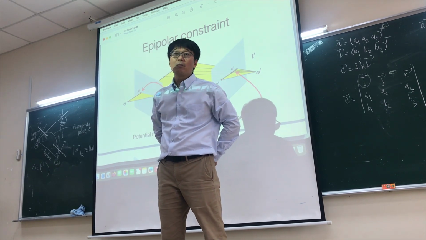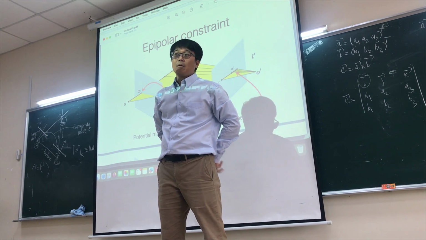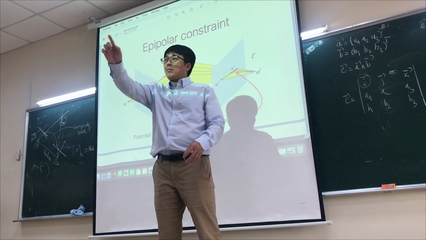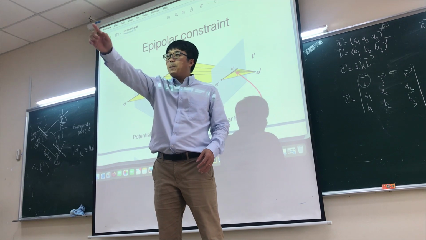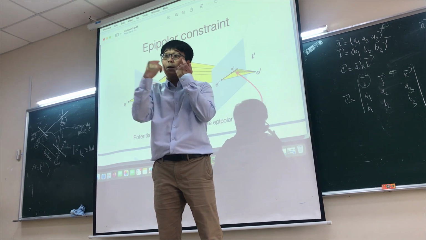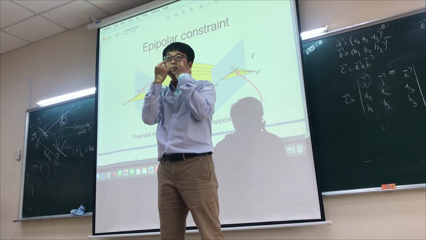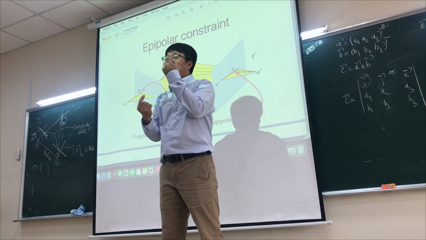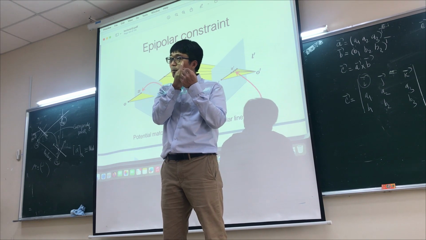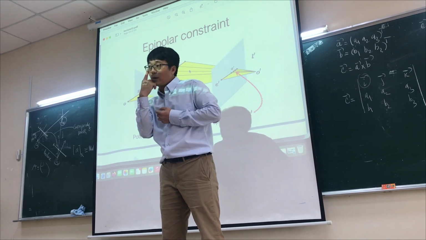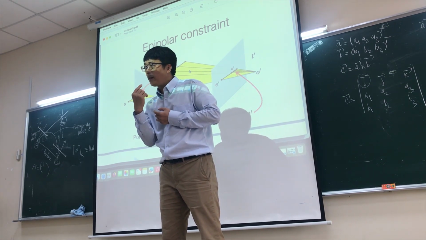Same or not? The point in front of the camera, you have 2 cameras, right? Can it be seen by 2 cameras? If I can see it by the left eye, can I then see it by the right eye, like that?